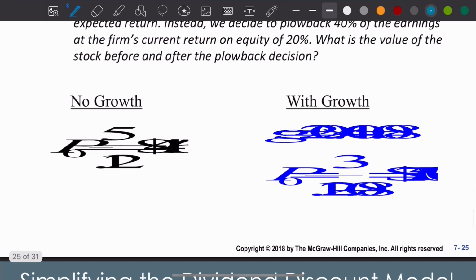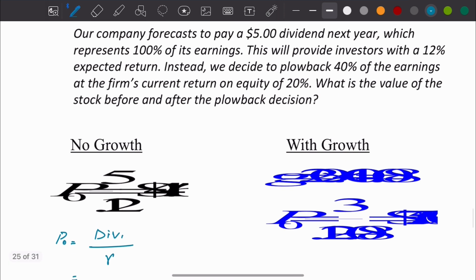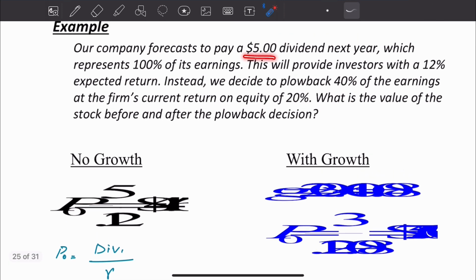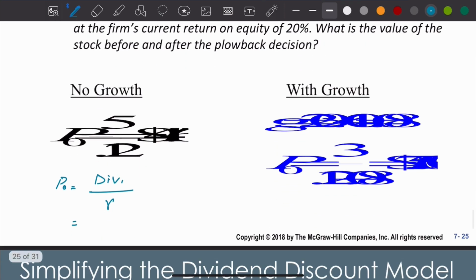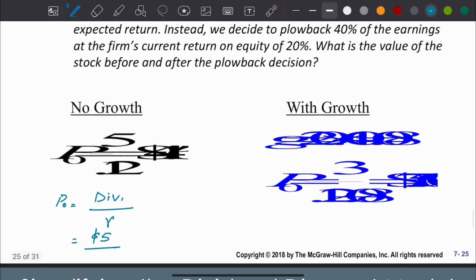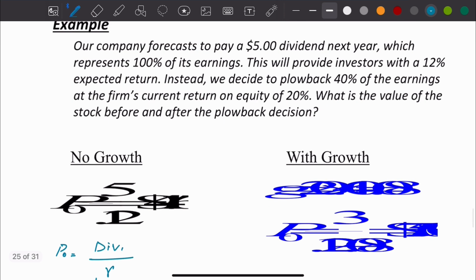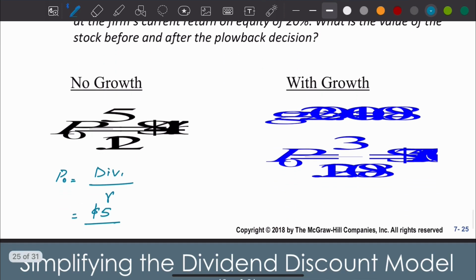If there was no growth, P0 is going to be div 1 divided by R. Okay, and that's going to be the $5 right here, $5 divided by R, which is 12%, so 0.12.